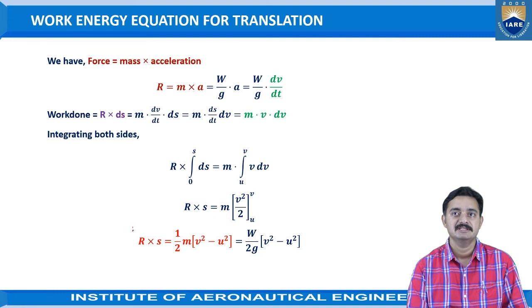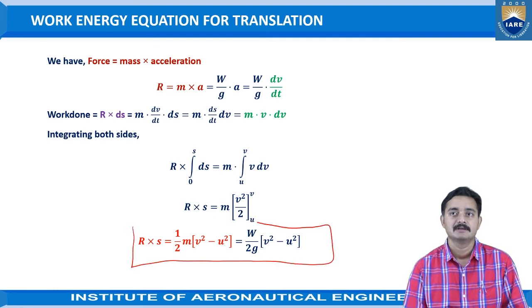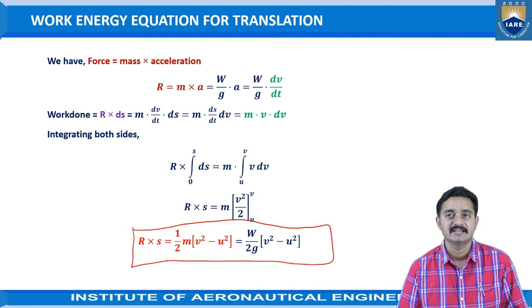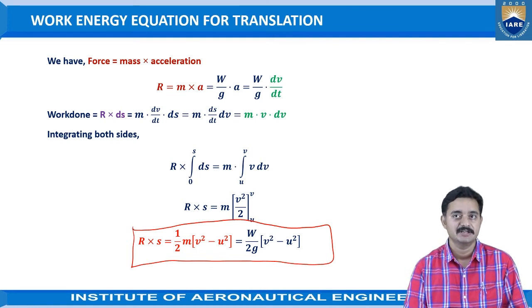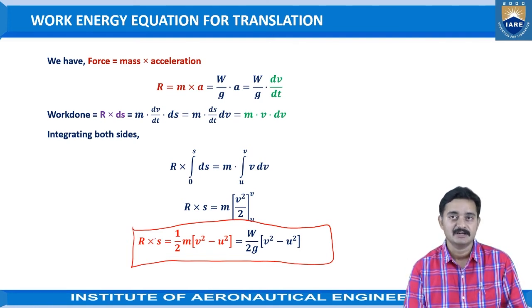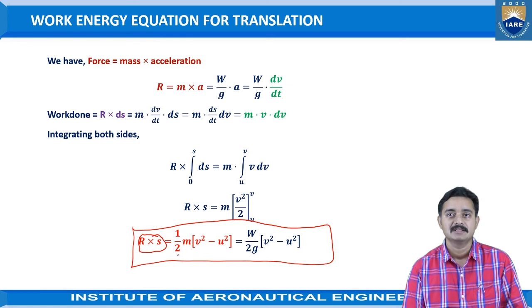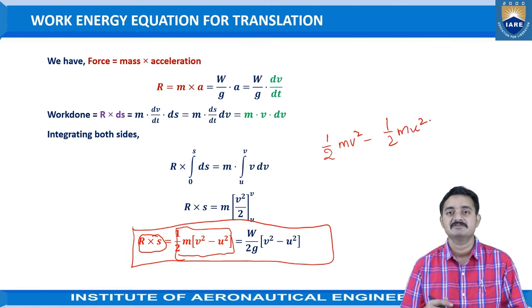This equation is termed the work energy equation. If you observe carefully, this is the work done, work on the left hand side, and this is the change in kinetic energy. How is this the change in kinetic energy? It is half m v square minus half m u square, where half m v square is the final kinetic energy and half m u square is the initial kinetic energy.